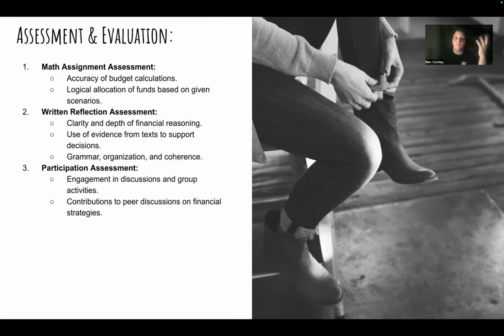The second would be a written reflection. To grade the written reflection would be through clarity and depth of the financial reasoning and how well they understand, and the use of evidence from texts to support the decisions. And of course, grammar, organization, and coherence.